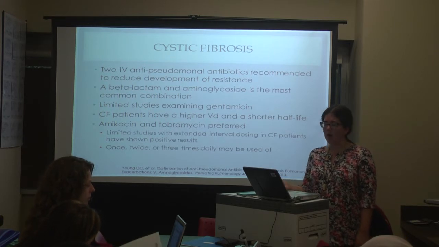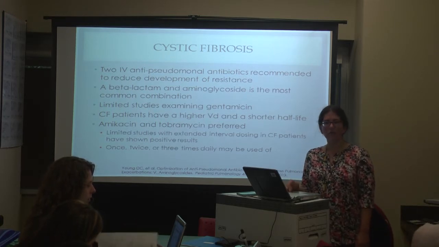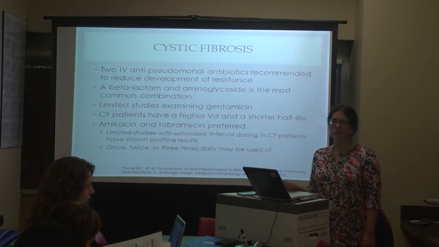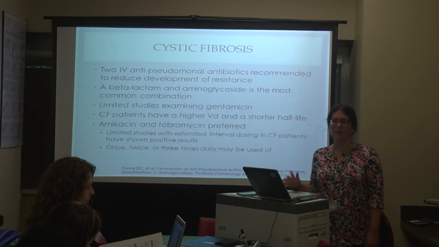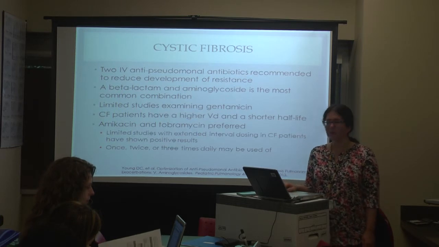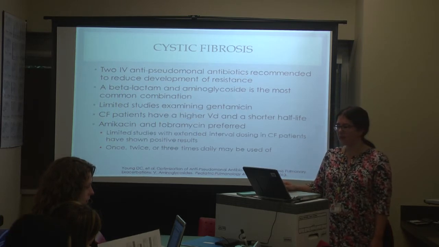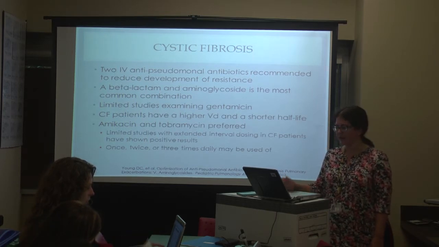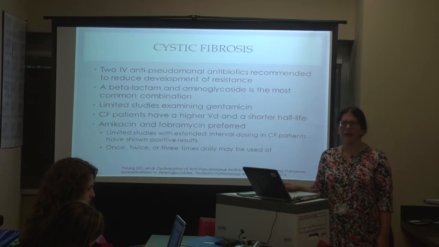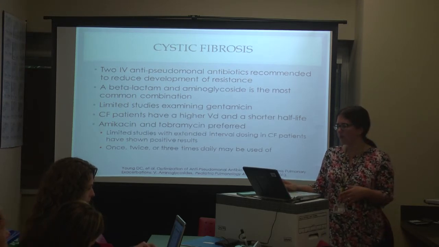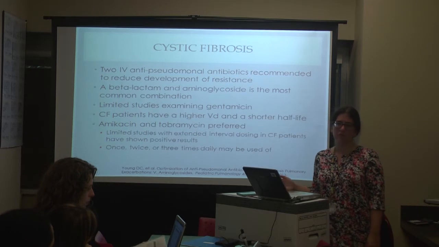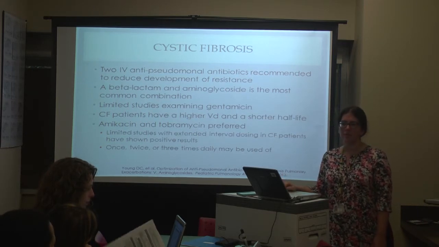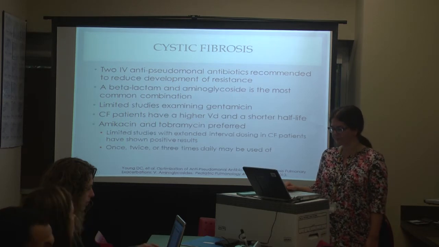You can use a fluoroquinolone as another option with one of these agents, but usually a beta-lactam, such as cefepime or Zosyn, and then an aminoglycoside. There are limited studies looking at gentamicin, so it's still recommended that amikacin and tobramycin are the preferred aminoglycosides used. And there's also some increased nephrotoxicity seen with gentamicin. That's part of the reason why it's still recommended that amikacin and tobramycin be used preferentially.